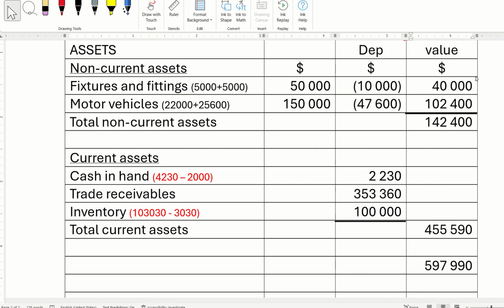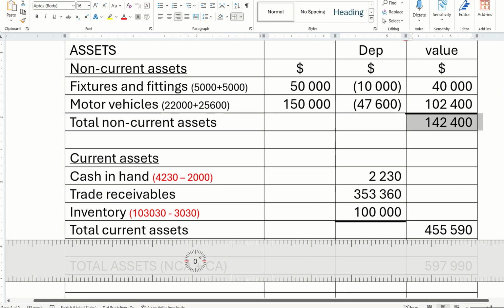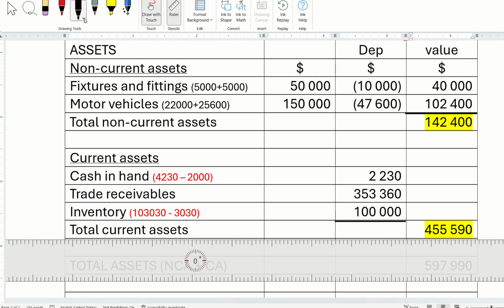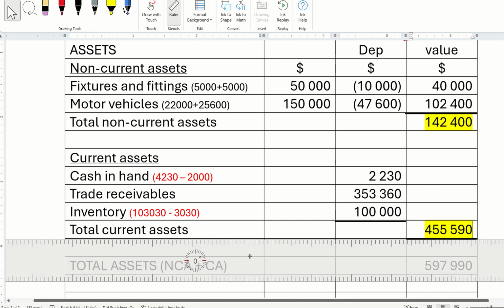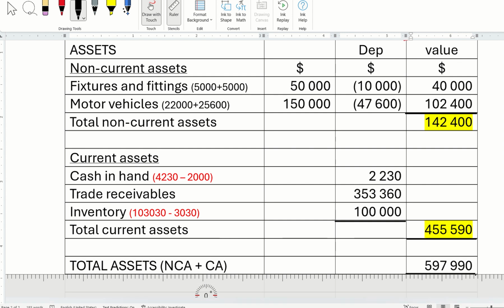445,590. Now I'm going to add all my assets, my total assets, right? So my total assets will be equal to my NCA plus my CA, and it would be these 2 numbers, 142,400 plus 455,590, and I will draw a line underneath this plus this, and the final answer for total asset is 597,990.